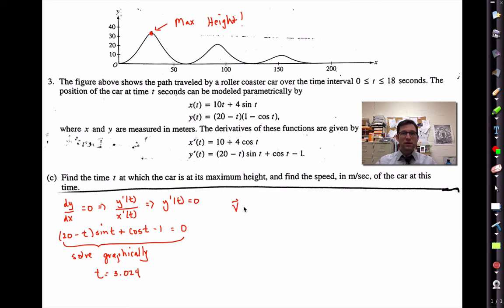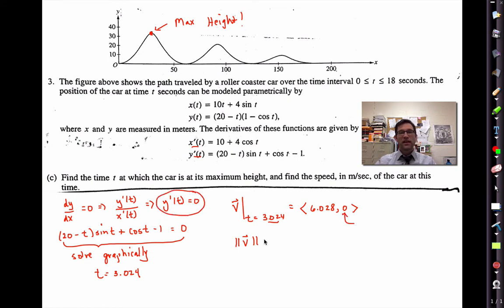So I'm going to figure out the velocity vector at t equals 3.024 by simply substituting this into these two expressions, and that is going to result in 6.028, 0. I hope we're not surprised by that, wasn't that the point of this?